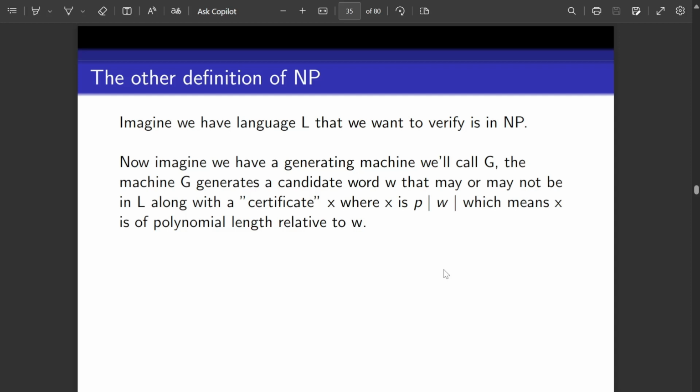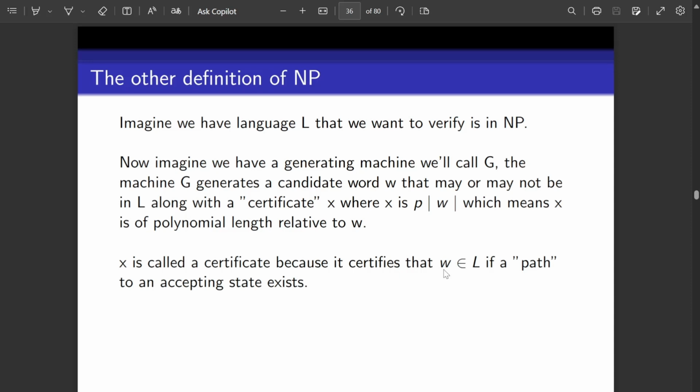So if W is of size N, X can be N or N squared. And X is called a certificate because it certifies that W is in L if a path to an accepting state exists in the non-deterministic Turing machine.